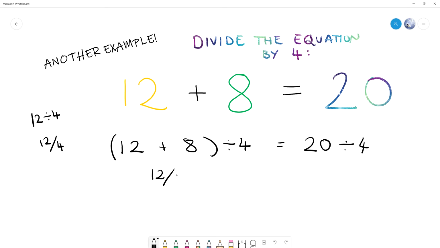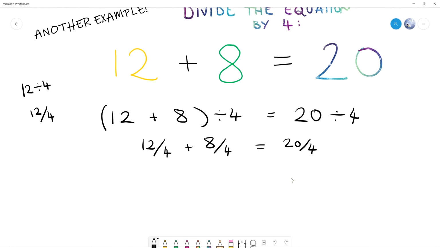So what's going to happen is I'm dividing 12 plus 8 divided by 4. Then I have to divide both things by 4. So I get 12 divided by 4 and 8 divided by 4 and 20 divided by 4. Okay, these are big numbers we're dividing today. So 12 divided by 4, how much is that, Natalie? 3.